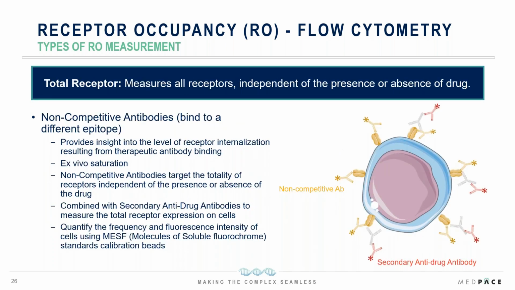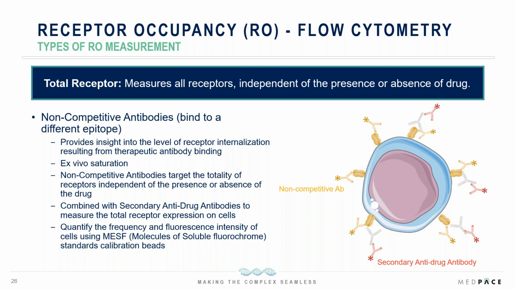For the total receptor measurement, we measure the totality of targeted receptors independent of the presence or absence of the drug. This will provide some insight into the level of receptor internalization resulting from the drug antibody binding. The percentage of total is measured this time using a non-competitive antibody.